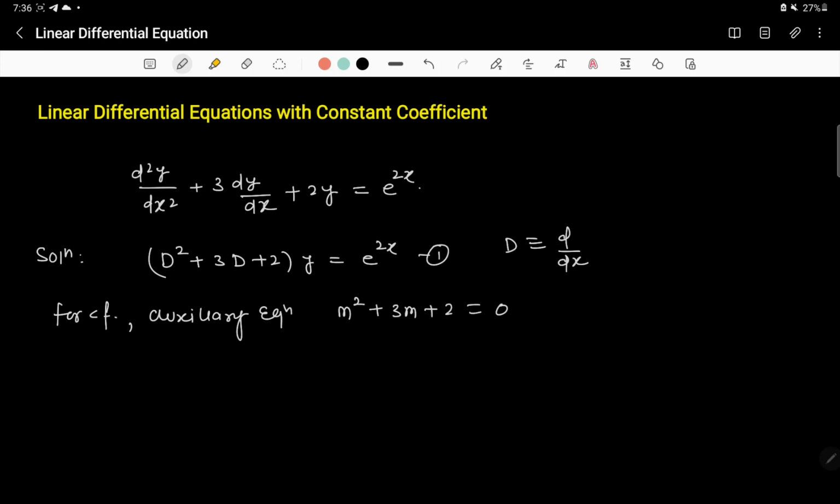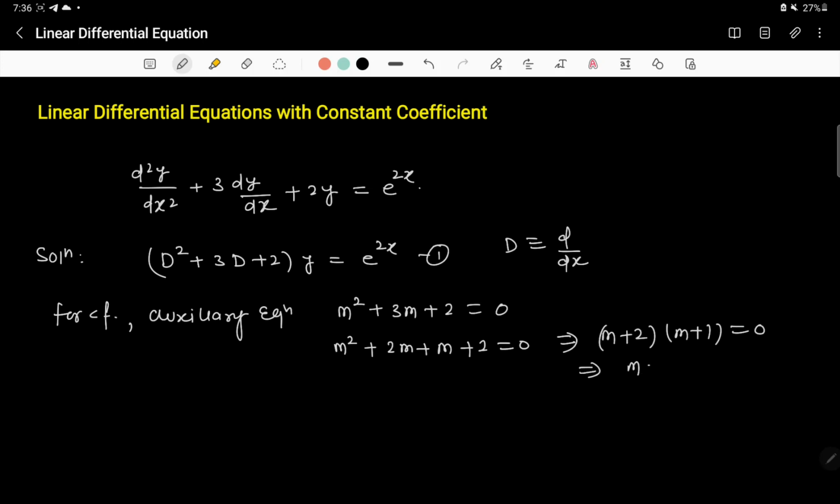We see that it is a quadratic equation which has two roots. So for the solution of this equation, we get m square plus 2m plus m plus 2 equal to 0, which provides (m plus 2)(m plus 1) equal to 0.